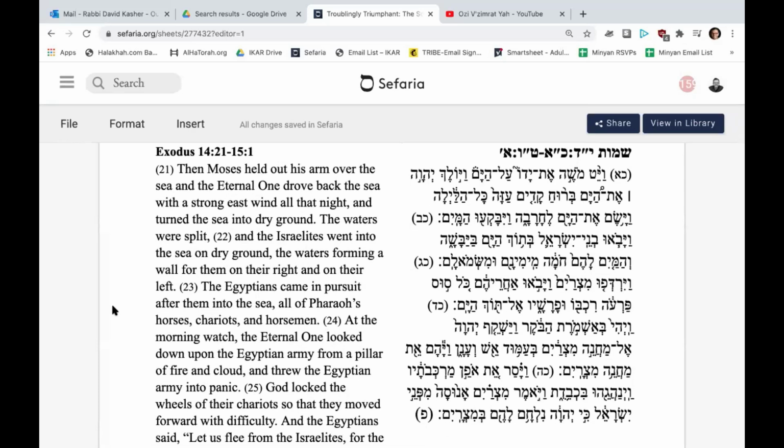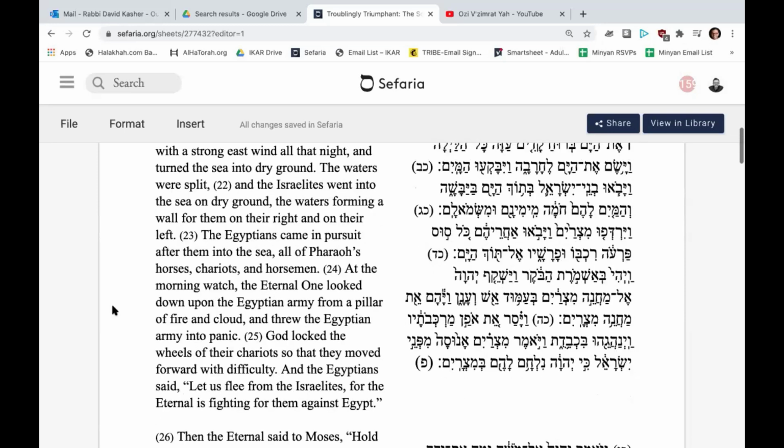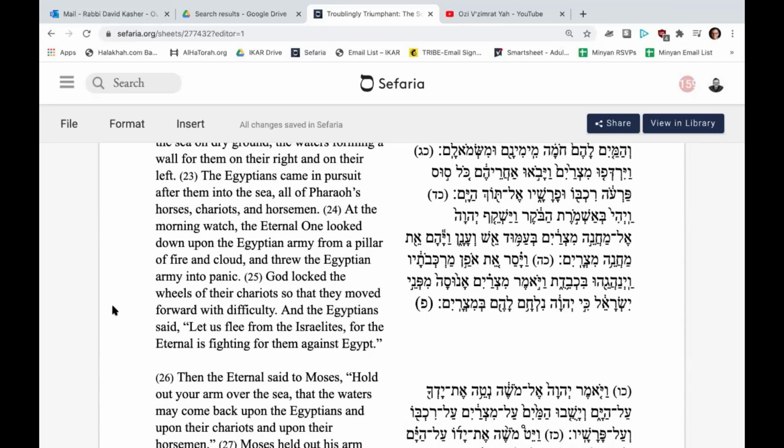Then Moses held out his arm over the sea, and the Eternal One drove back the sea with a strong east wind all that night, and turned the sea into dry ground. The waters were split, and the Israelites went into the sea on dry ground, the waters forming a wall for them on their right and on their left. The Egyptians came in pursuit after them, all of Pharaoh's horses, chariots, and horsemen.